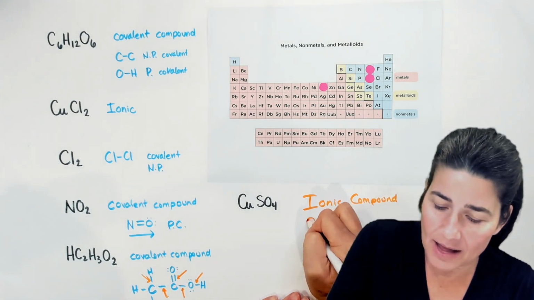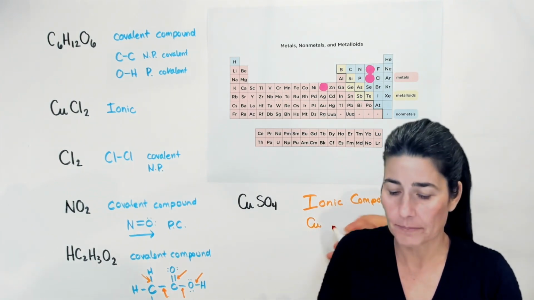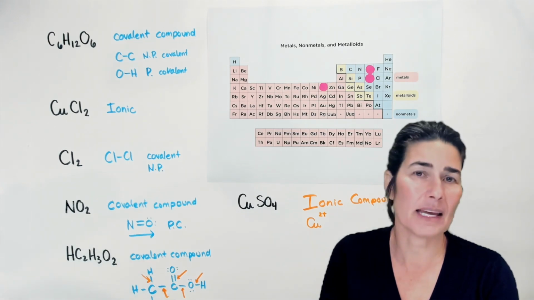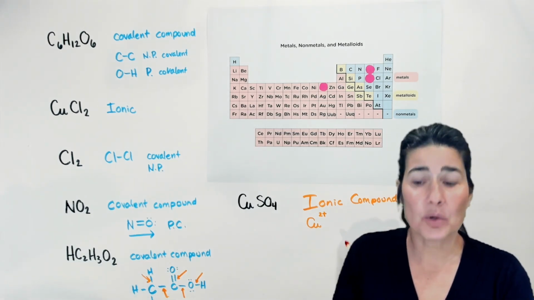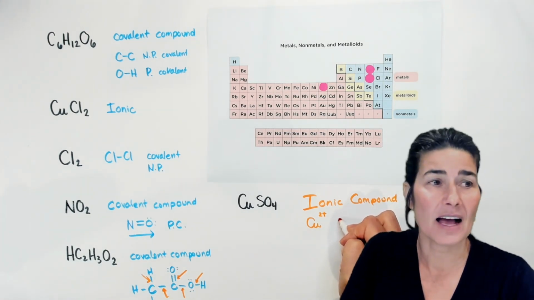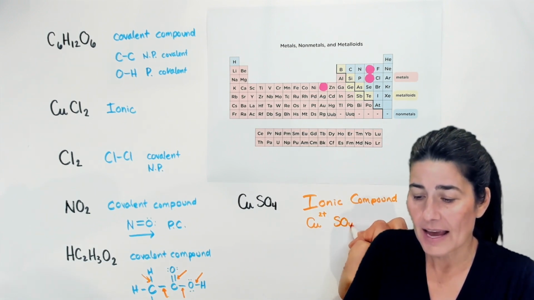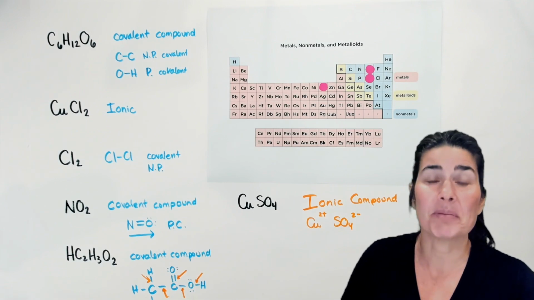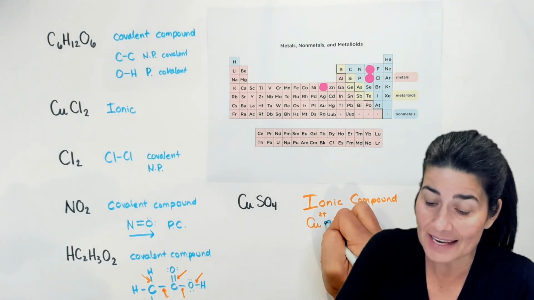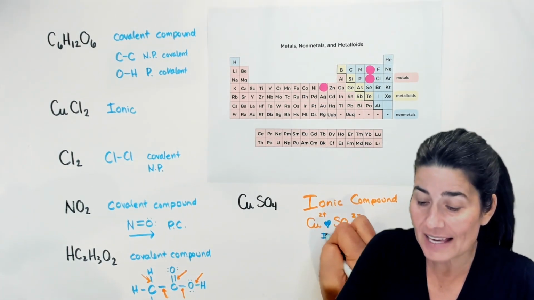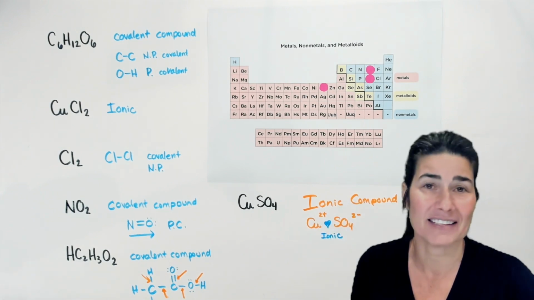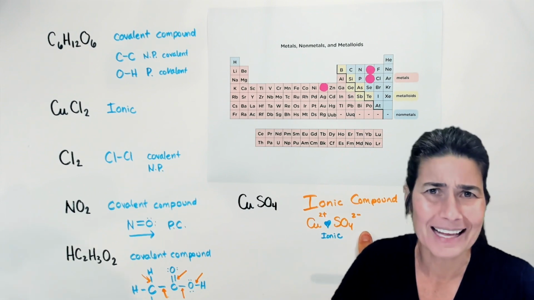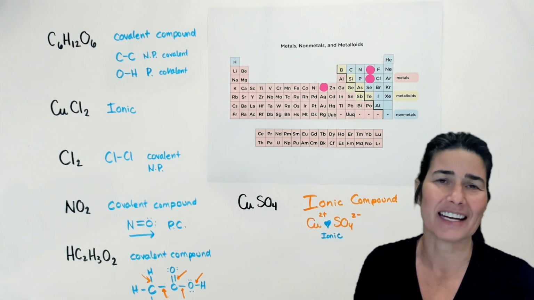You've got a copper atom right here that is a copper with a 2+ charge. That is being attracted to a polyatomic ion, the sulfate ion, SO4 2-. So that bond right there between ions, that is absolutely an ionic bond, for sure. A metal and a polyatomic ion, for sure that's ionic.